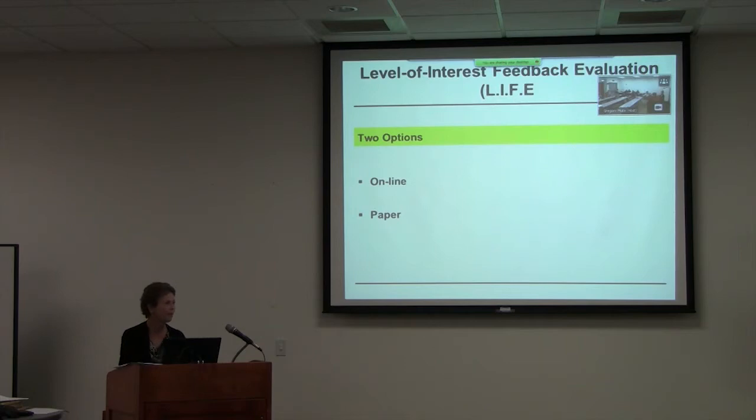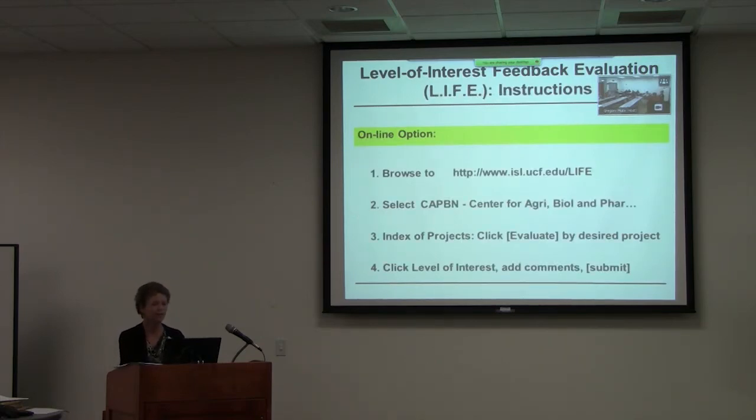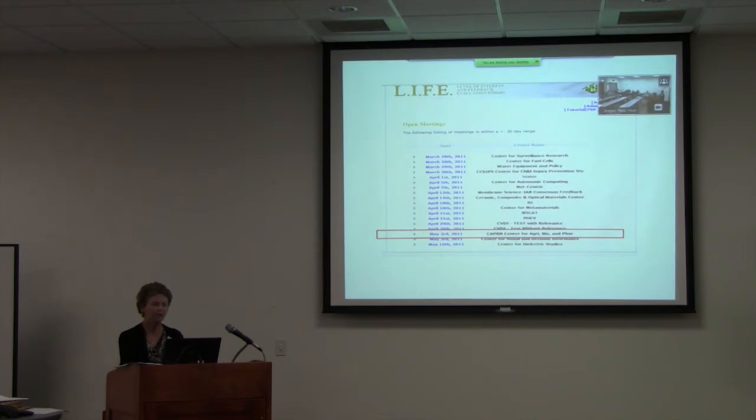The paper forms are already in your binders. Okay, good. So what you will do is browse over to this particular website, and it should be in your book. And when you do it, you will see this screen. Actually, this is the May 3rd screen.